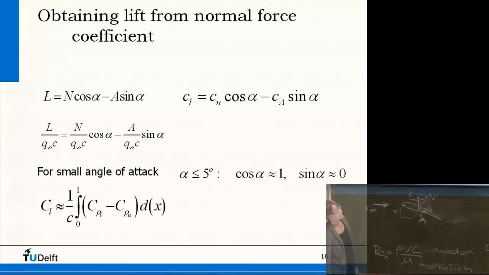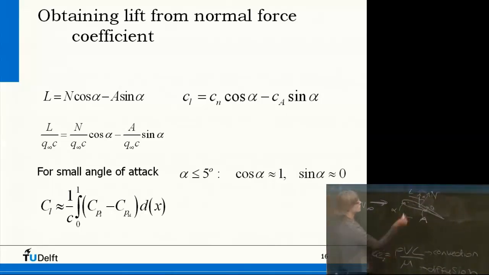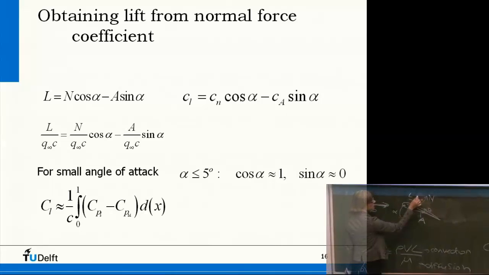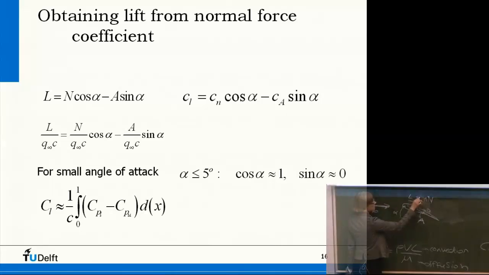So the contribution of the normal force N to the lift, we project it orthogonally. N is now the long side, so the contribution of N in L direction is N cosine alpha, right? Same as we did before. However, this A has also a contribution in the lift direction, right? In this case, negative, so it's pointing here.